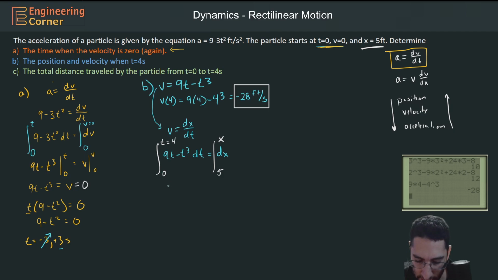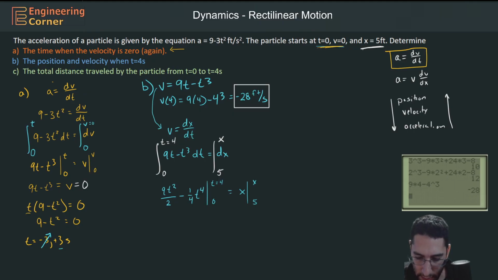This is going to be 9t squared over 2 minus 1/4 t to the 4th. And this is going to be evaluated from t is equal to 0 to 4, and this is going to be equal to x evaluated from 5 to x.